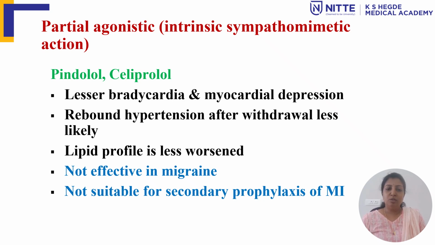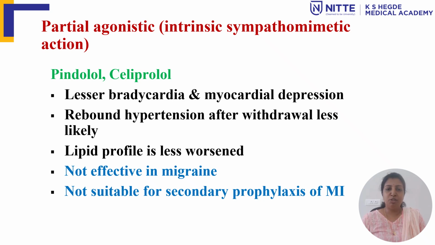The drugs are Pindolol and Celiprolol. These are the beta blockers with intrinsic sympathomimetic action. Let's see the features of these beta blockers. They have less propensity to cause bradycardia and myocardial depression. Rebound hypertension after withdrawal is less likely because they are not completely blocking the receptors.